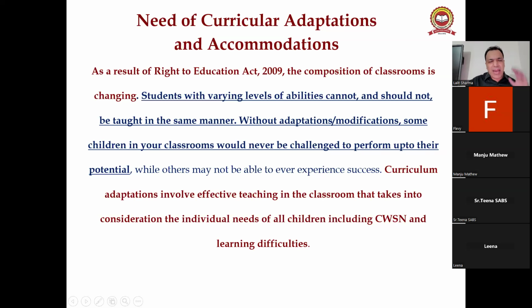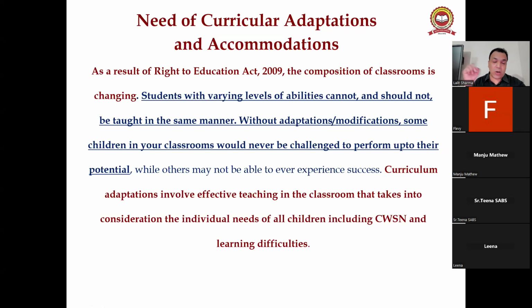Before the act, many committees and many things were implemented in different schools. But there was a lot of child labor, and parents were not so educated that they could send their students to school, and even the teachers were not aware. So when the act came, what is an act? An act is a law.